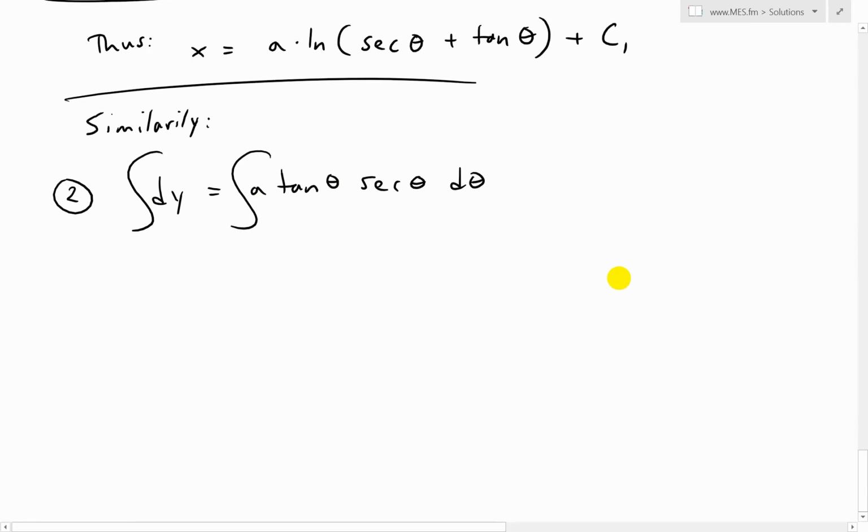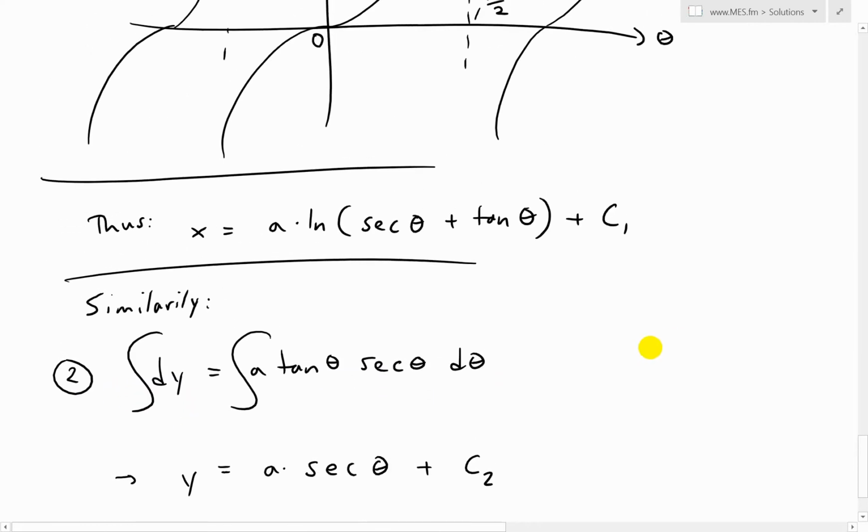In my earlier video I showed that this tan theta secant theta is the derivative of secant theta, and I'll take the constant out, a secant theta. In other words, if you take the derivative of secant theta, what we'll get is tan theta secant theta, and if you take the integral of this, you get back to here, plus constant c2. You can see that in my earlier video as well. And this right here is y.